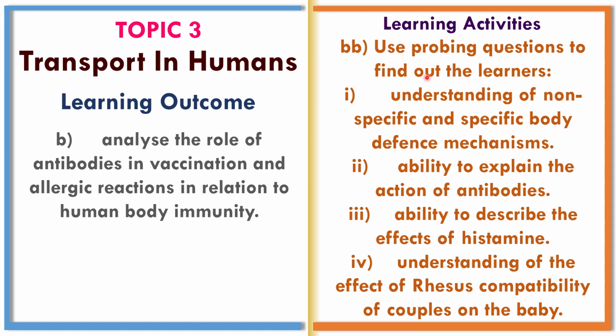Use probing questions to find out the learner's understanding of non-specific and specific body defense mechanism, ability to explain the action of antibodies, ability to describe the effect of histamine, understanding of the effect of rhesus compatibility of couples on the baby.